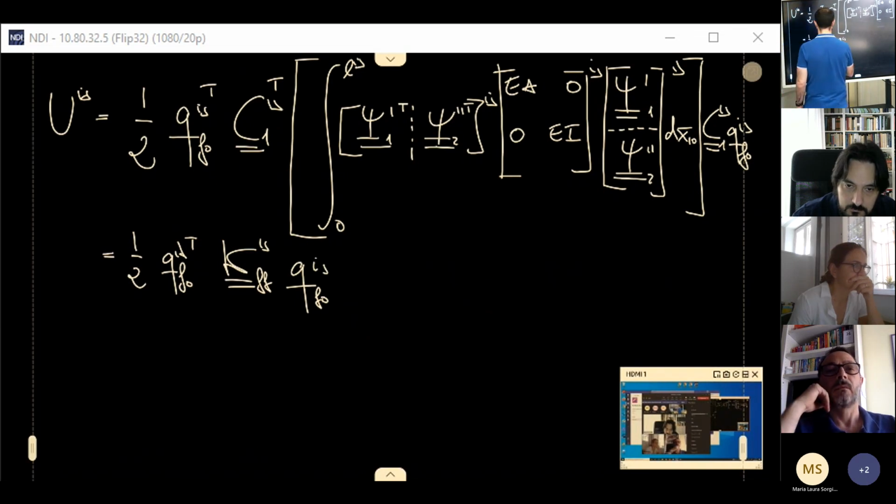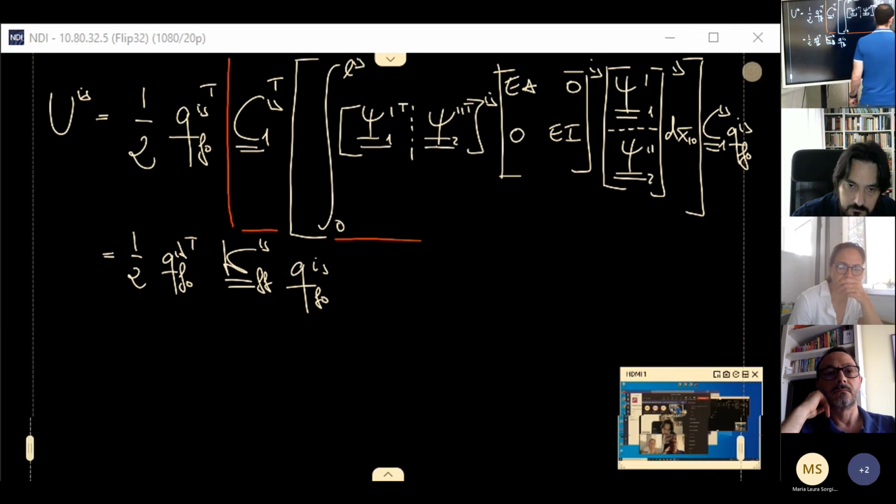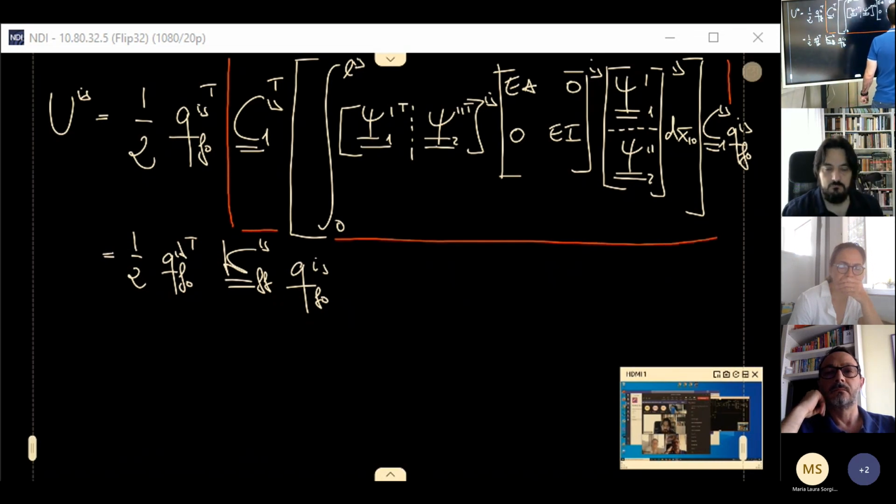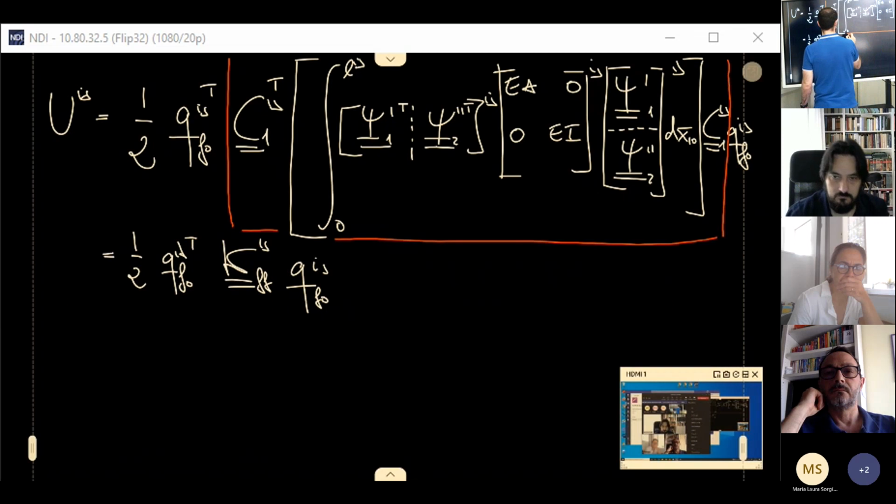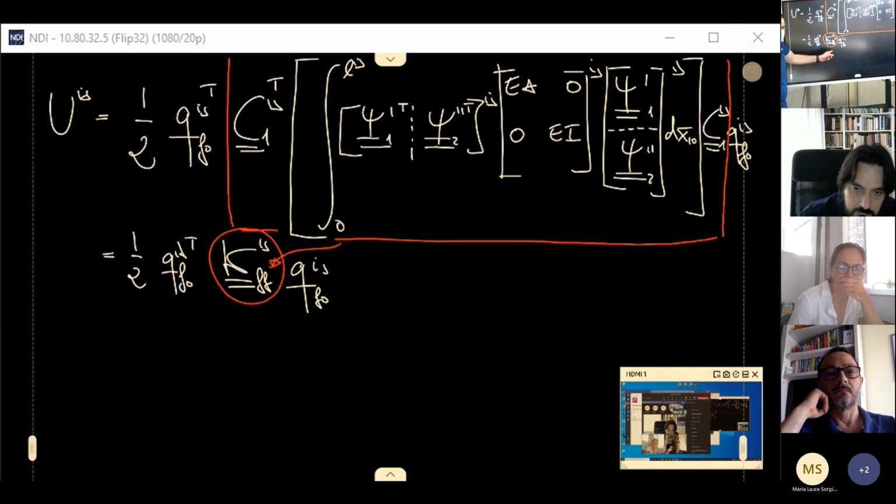Where this quantity here has been condensed within this matrix. Okay, which is again the stiffness matrix that we were trying to develop.